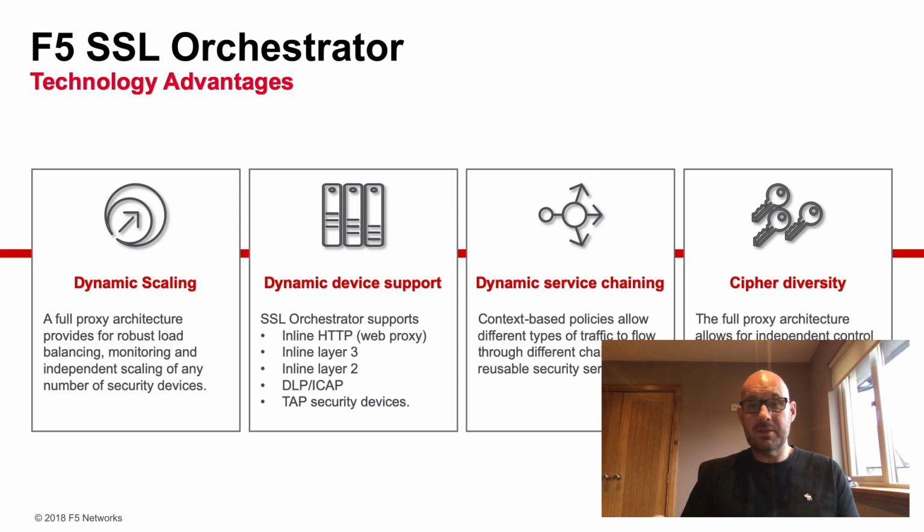I'll look at this in the next slide in more depth. And we also need cipher diversity. As a full proxy architecture, F5 performs separate client-side and separate server-side TLS sessions, so cipher and protocol mismatches never ever happen. We will always be able to get the traffic in clear text to your security solution should you wish to do so.